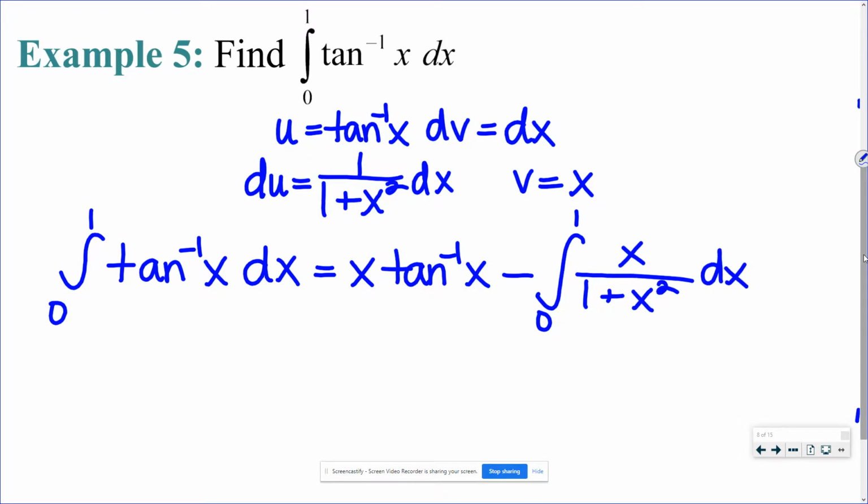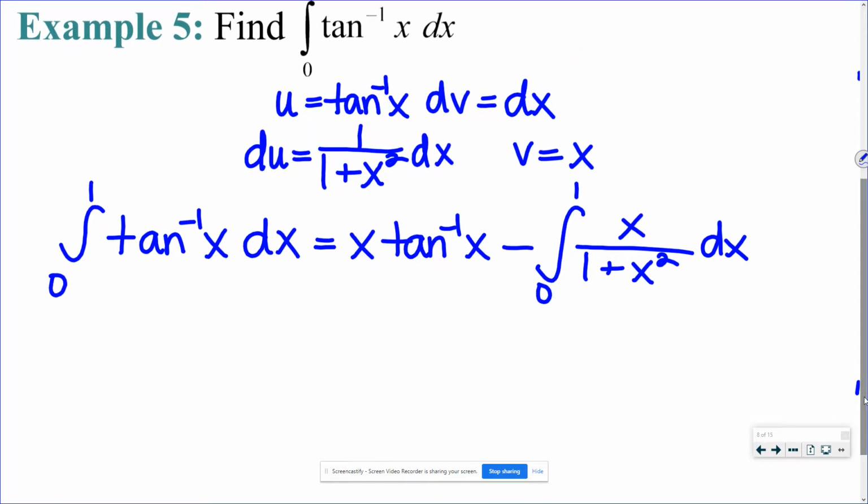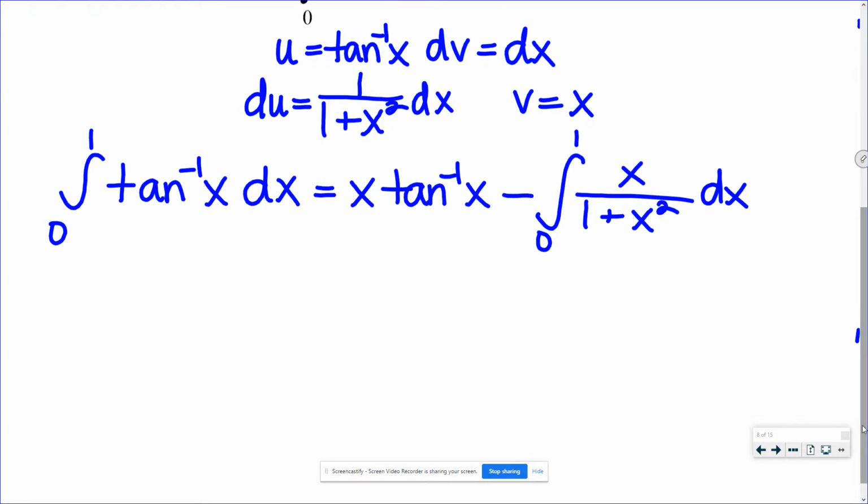Okay. At first glance, it would appear we just made the problem more complicated. It does look like that, but I can assure you that it's not more complicated. Here's why. Oh, I forgot something. I've got to evaluate this from 0 to 1. This integral that I have on the right side, it is quite complicated, but we can actually solve that using u substitution.